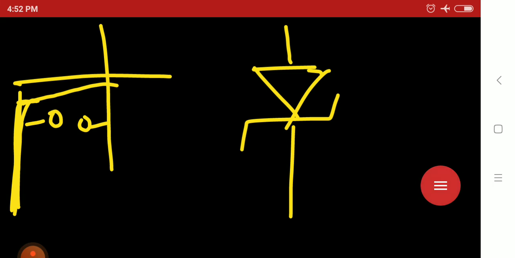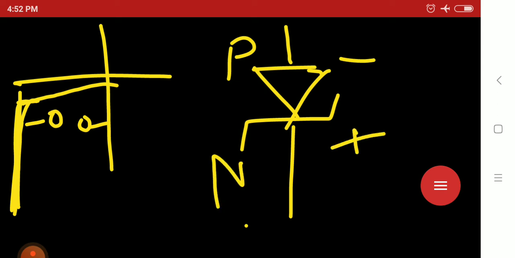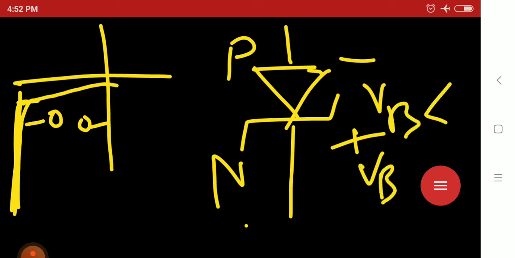Reverse bias means the P side is connected to the negative and the N side to the positive end of the battery. So in reverse bias, the voltage of the diode is less than the breakdown voltage.